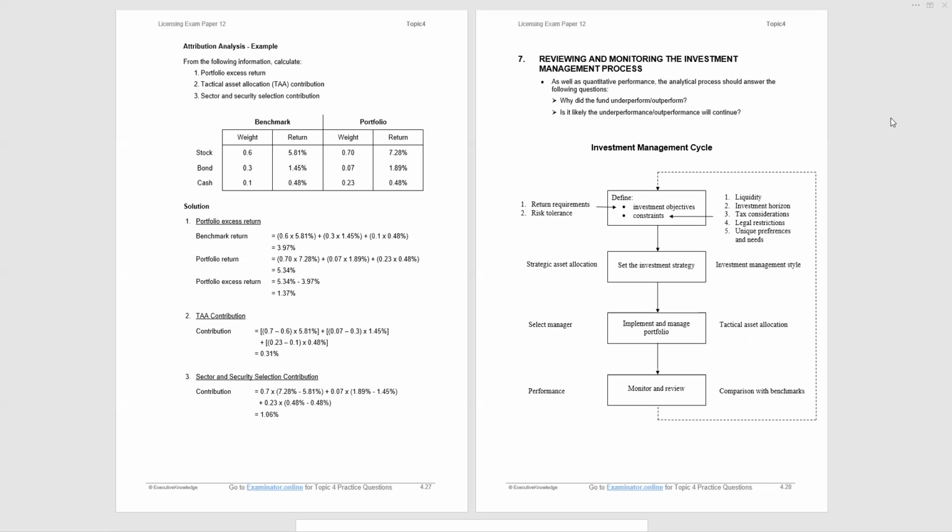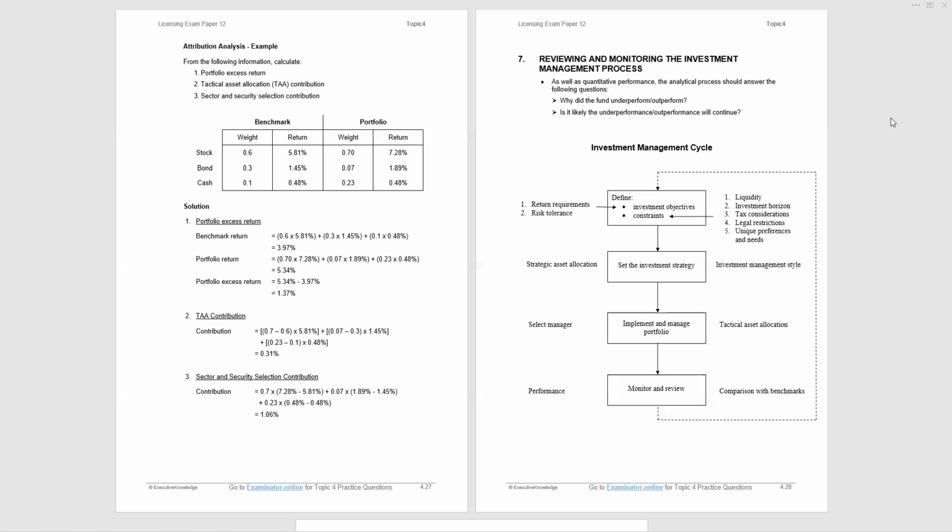Okay, so we've got stocks, bonds, cash. The benchmark weights are 0.6, 0.3, 0.1, and the returns are 5.81, 1.45, 0.48. So that's what we're aiming for, the benchmark. Then we've got some active management, and the actual weights turned out to be 0.7, so 70% of the portfolio went into stocks, 7% went into bonds, and 23%, 0.23, went to cash.